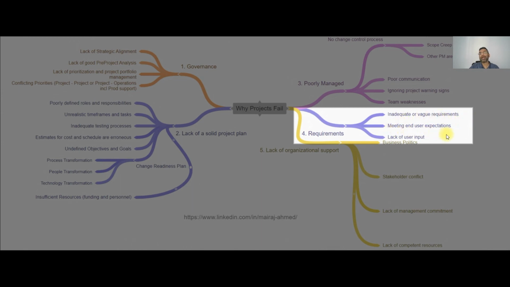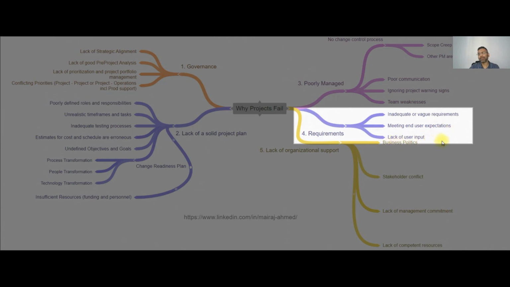You also need to have acceptance criteria for the project defined early on, so that it doesn't become an issue at the end where the customer is not happy with what was created, even though how many hours were spent on it, because there's a mismatch between what the customer may be thinking and what you built. So we need to make sure that everything is getting aligned there. So that's about meeting end user expectations.